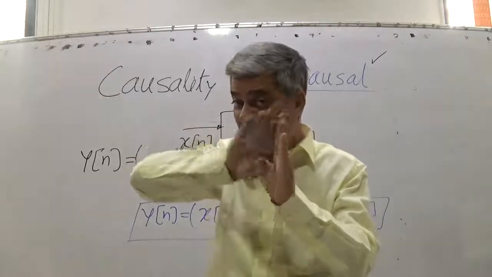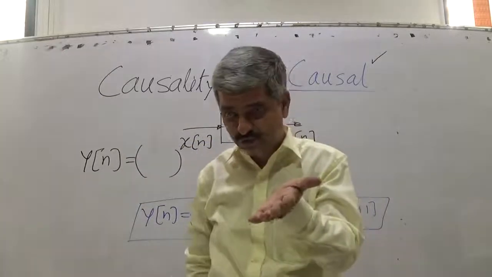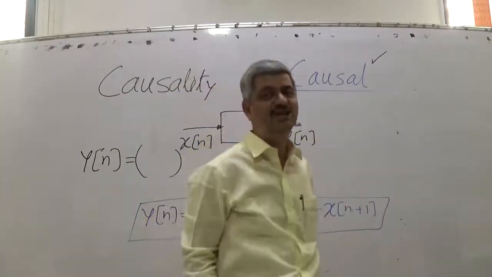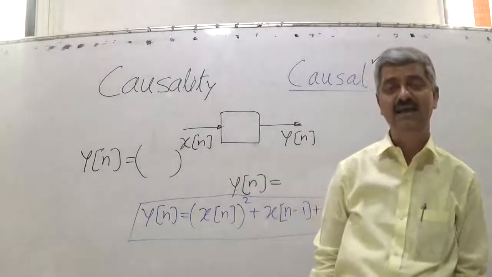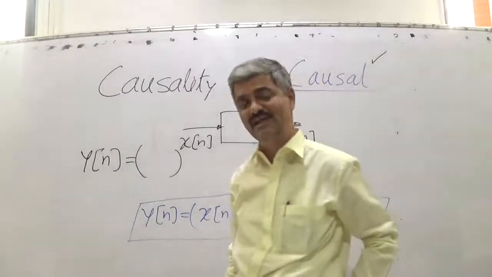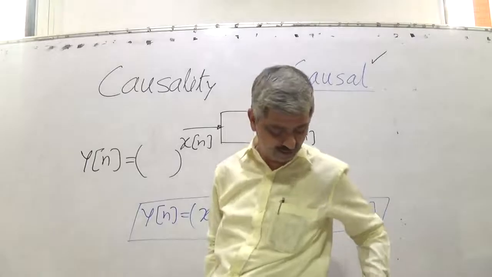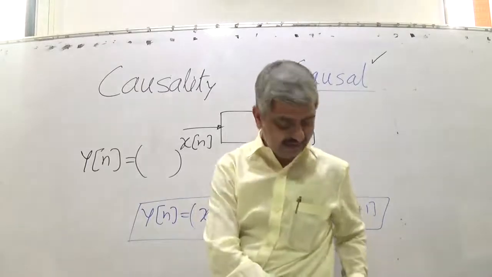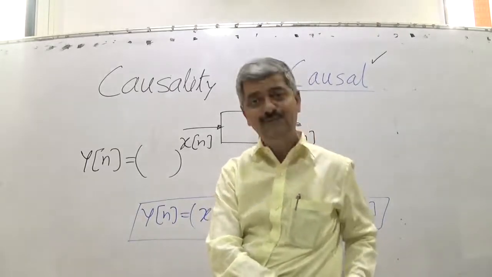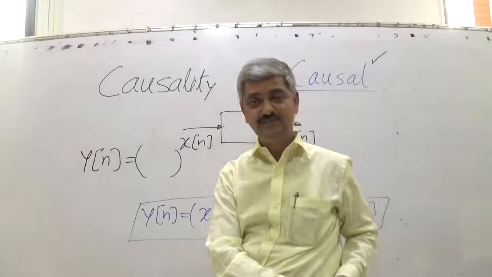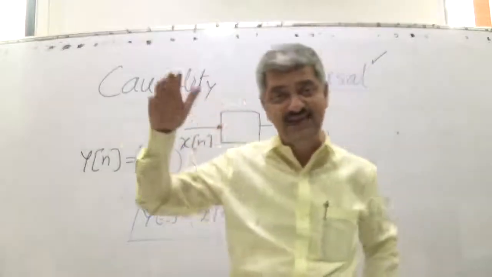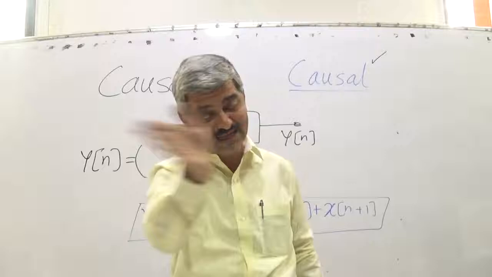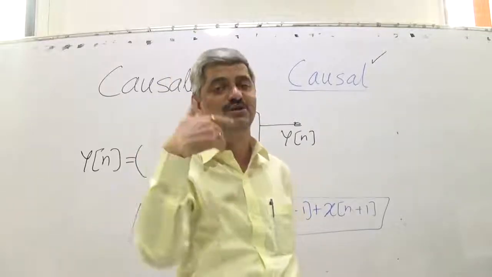It can be non-linear also. So if the expression of yn involves the terms x(n minus 1), x(n minus 2) and so on, then it is called a causal system. And if the expression involves x(n plus 1), x(n plus 2), then it is non-causal.